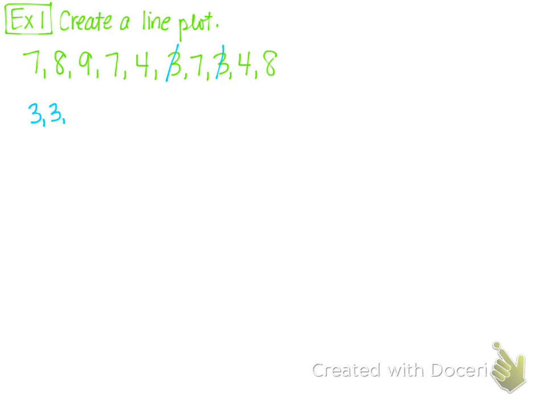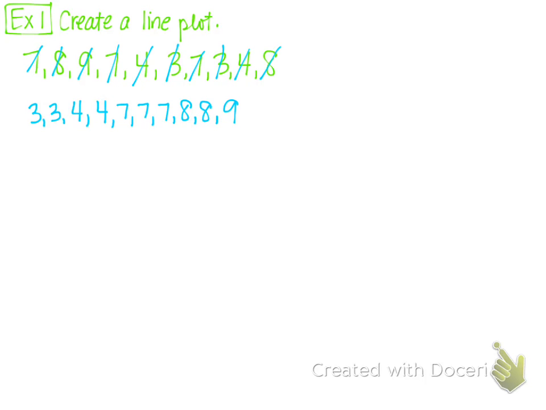Our next smallest piece of data is 4, and then we also have another 4. Next, we don't have any 5s, no 6s. We've got 7, 7, and 7. We have 3 7s. Next we have 8s, and we have 2 of those. And the next thing we have is a 9.